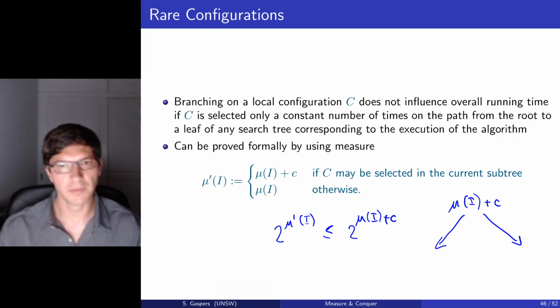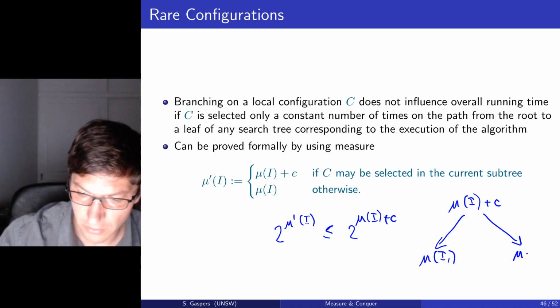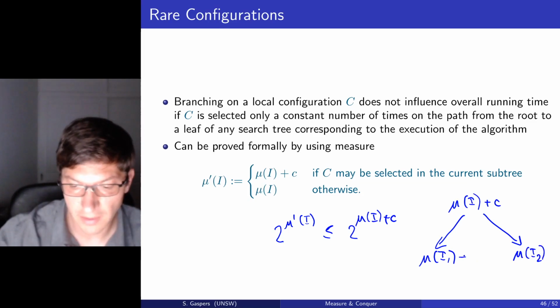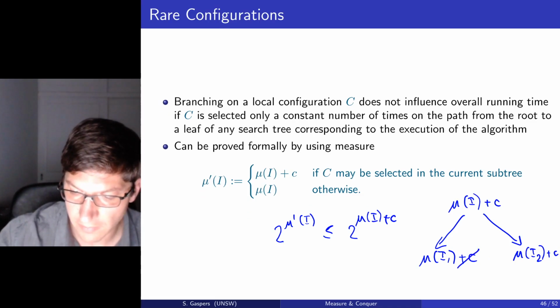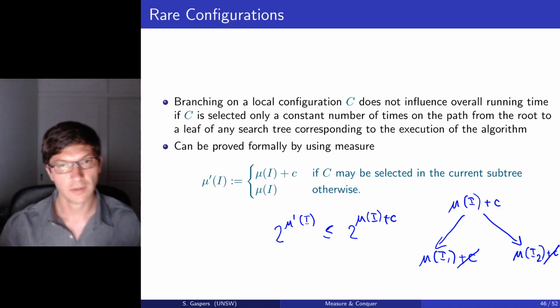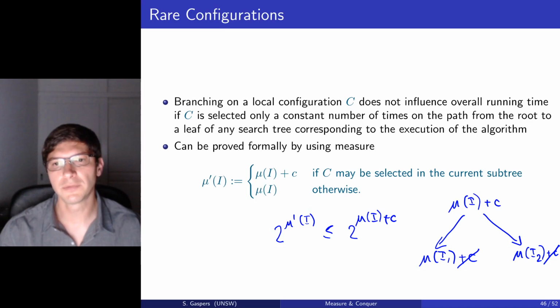So we create 2 sub-instances, and here the measure is mu of I1 and mu of I2. And I don't have the plus c anymore, right? Because I've taken a 5 regular instance and I've deleted some vertices, so I don't have this artificial additional constant anymore. So I'm left with just mu I1 and mu I2 for the sub-instances.